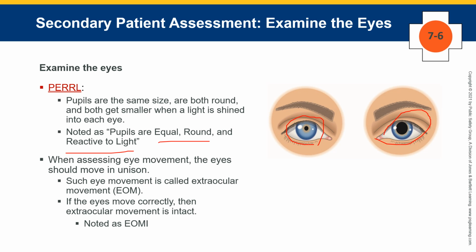For eye movement, remember, we're going to ask them to keep their head still, give them a focal point, and track with us. That's looking at extraocular movement, and that's specifically tied to some of the cranial nerves that we have inside our brain. And if eyes are moving correctly, we can note that that extraocular movement is intact.